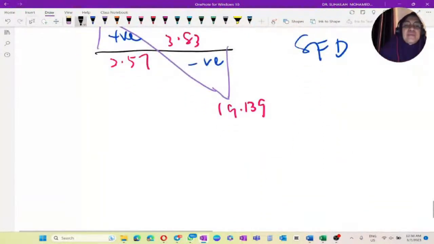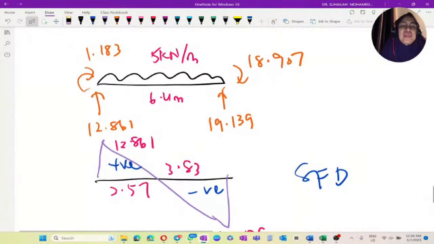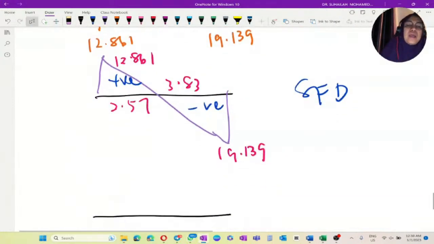So for the bending moment diagram, we put the first position. It will be located somewhere above the line. This is the first value. So the value is 1.183 for the first moment value.